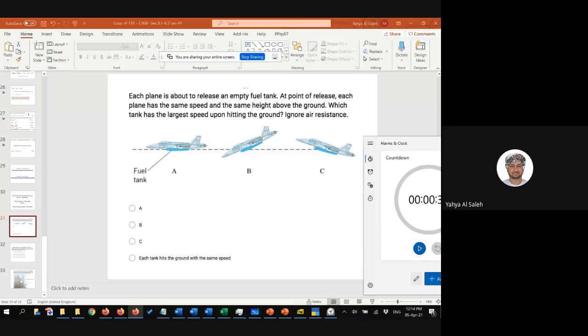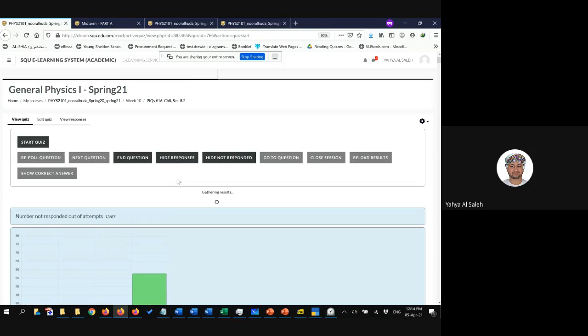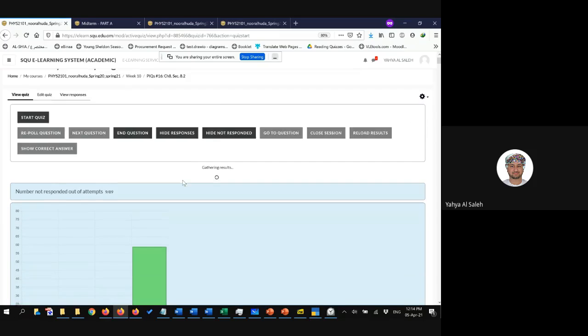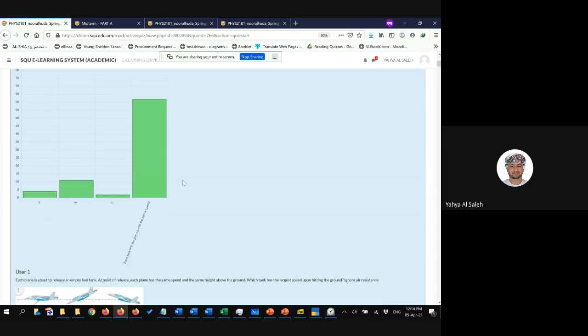Okay. Let's see how it went. So, the vast majority of people have chosen that each tank hits the ground at the same speed.